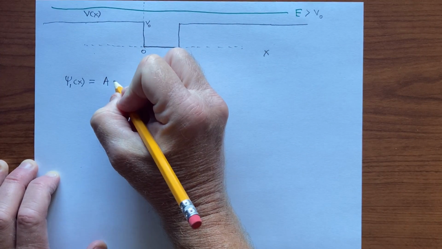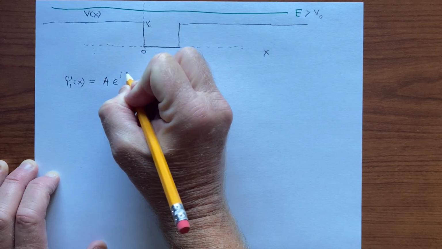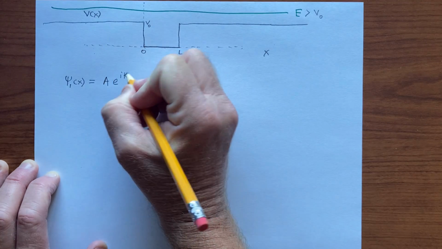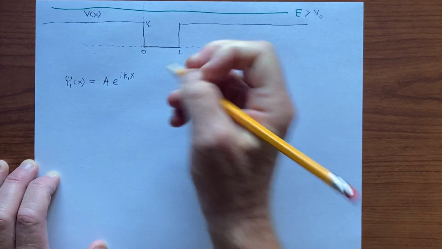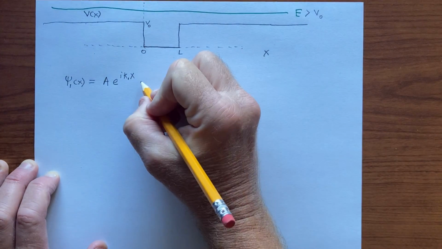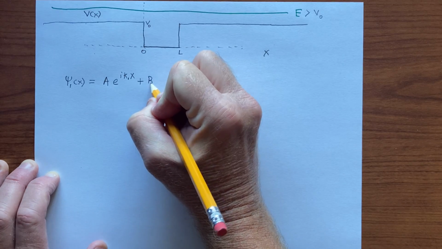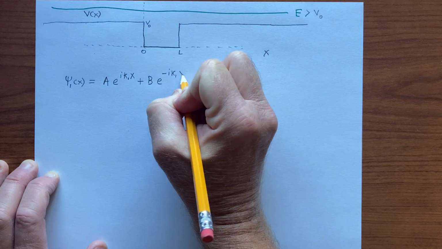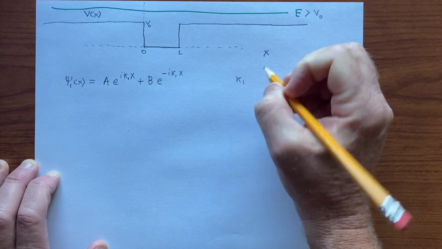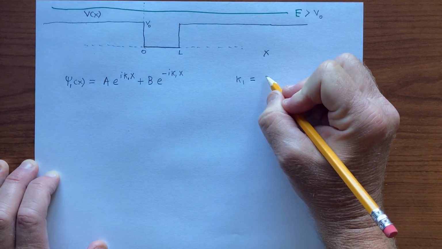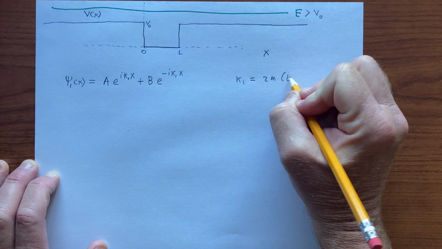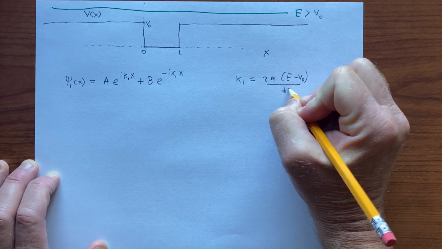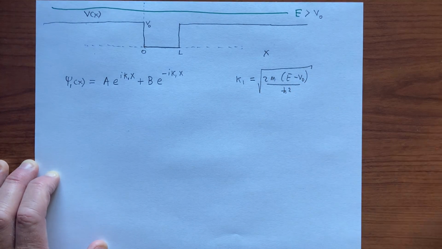So we have e to the i kx in all cases, but here in region 1, it's e to the i k1x. We also have a solution with a minus sign, and k1 is the wave number, 2m(E minus V naught) over h bar squared.